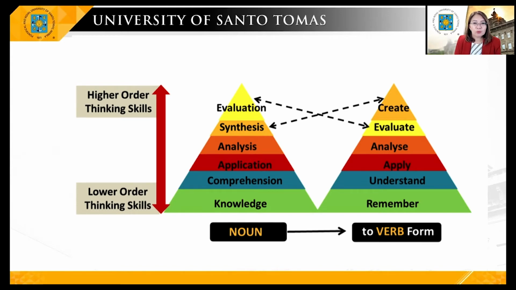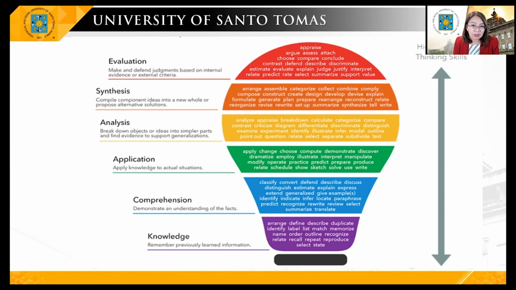They also reordered the last two steps: evaluation, which was at the top, was moved down, and creating, formerly synthesis, was moved up to the top. With this framing, educators have set different verbs, questions, and instructional strategies associated with each level.